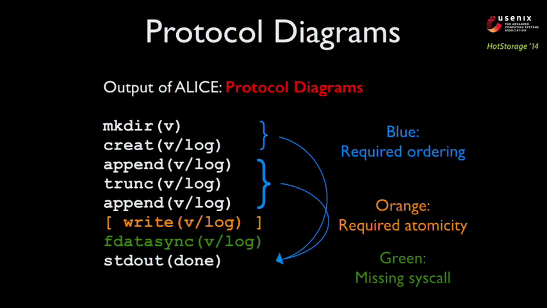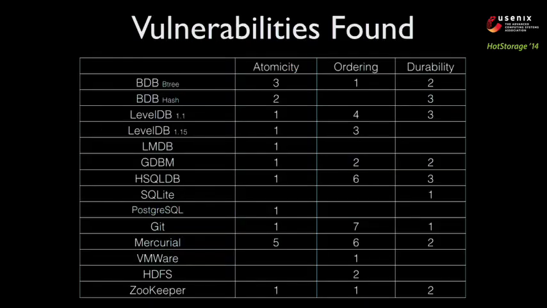So those are the types of things the tool produces from each protocol. Instead of just seeing a sequence of system calls, you get, hey, this is what this protocol seems to require. And of course, on different file systems, missing system calls could be a problem. And atomicity may or may not exist depending on the file system, as well as the same thing for ordering.